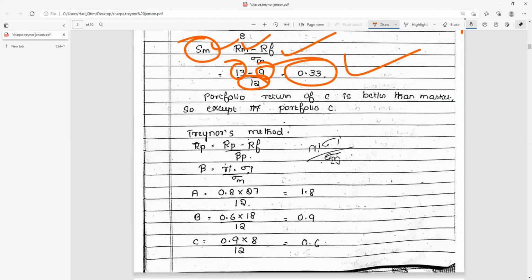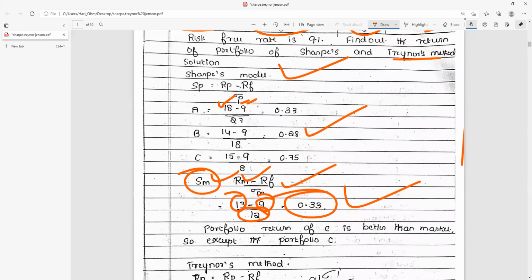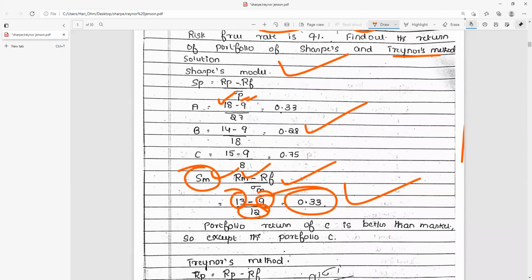Then compare: the portfolio return of C is better than the market. The market return is 0.33. The first portfolio is 0.33, the same. The second one is less than the market return. The third one is more.